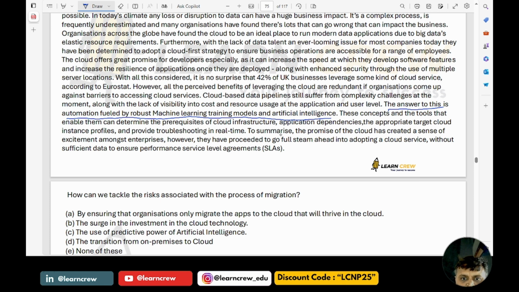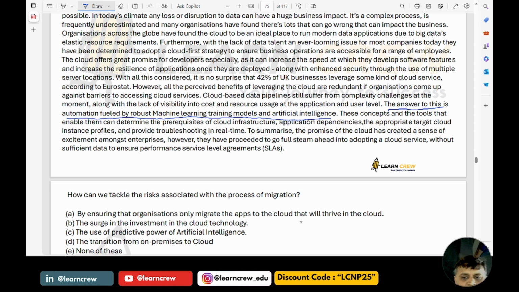So these concepts and tools that enable them can determine the prerequisites of cloud infrastructure, application dependencies, the appropriate target cloud instance profiles, and provide troubleshooting in real time.